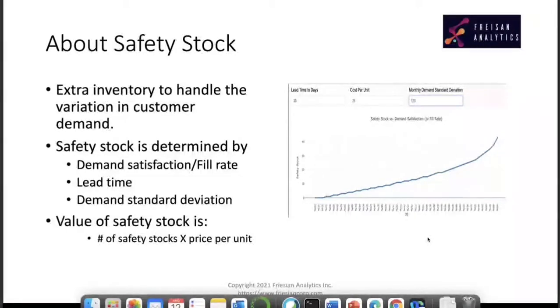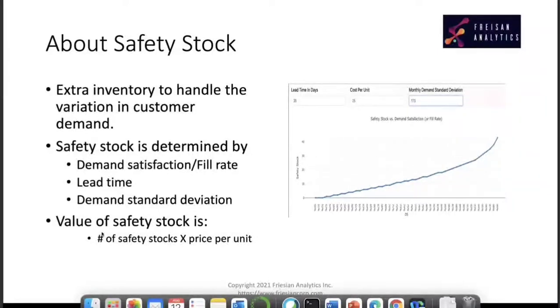The higher the safety stock, the higher the DS. As DS approaches 99%, the safety stock increases quickly. The value of safety stock is simply the multiplication of safety stock and the unit price.